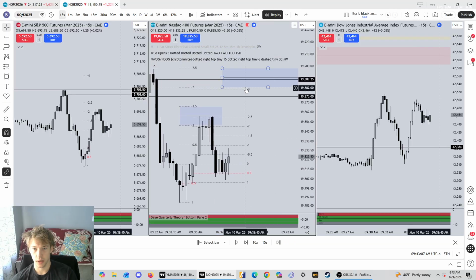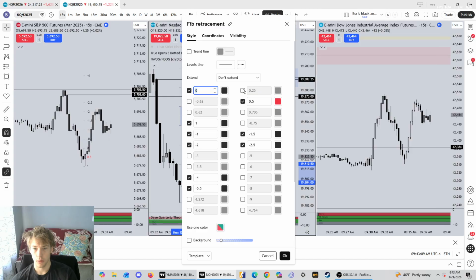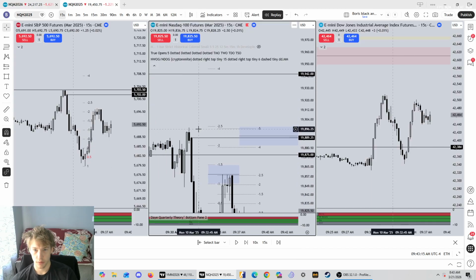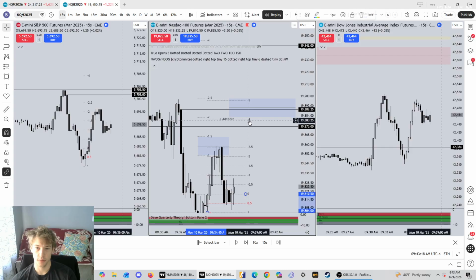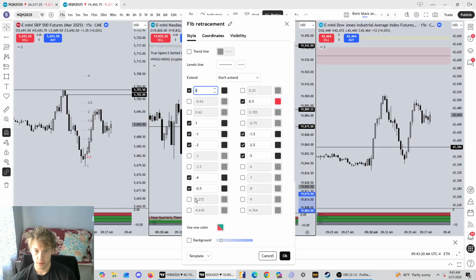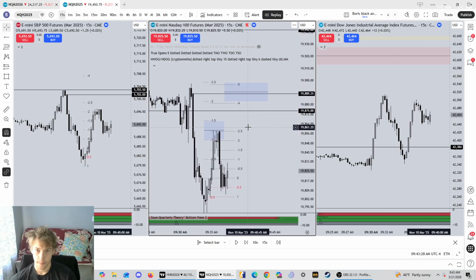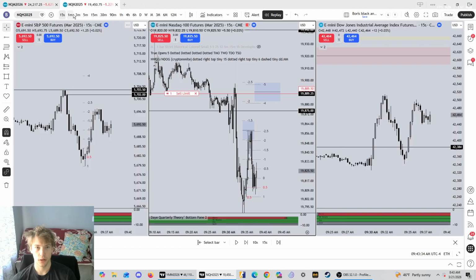Okay, so that lines up with -4. And then where's -5? -5 lines up with -2.5. So literally in between that. I mean, let's just see. In between the two, we get exactly this high. Alright, so these two are lining up quite nicely as well. So that gives us this.